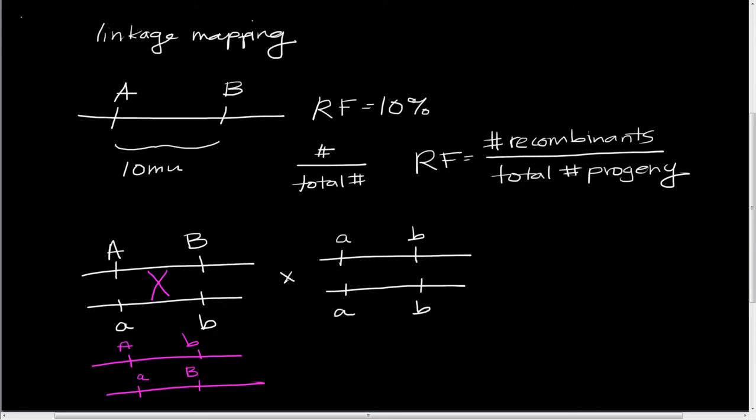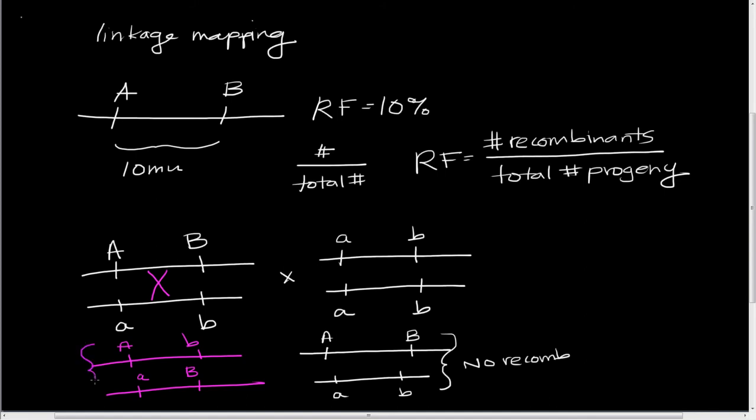Now we're also going to get back out our starting chromosomes where recombination did not occur: our big A, big B chromosome and our little a, little b chromosome. For these two chromosomes there is no recombination, and to generate the other two chromosomes, there was recombination between the A and B loci.